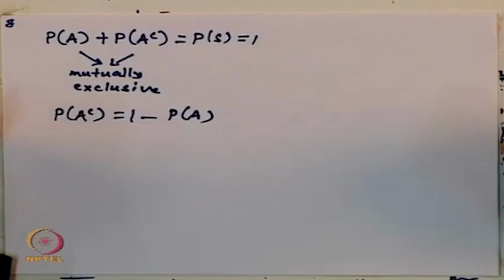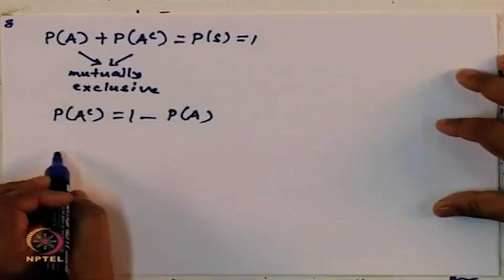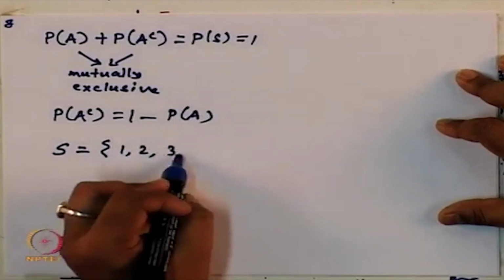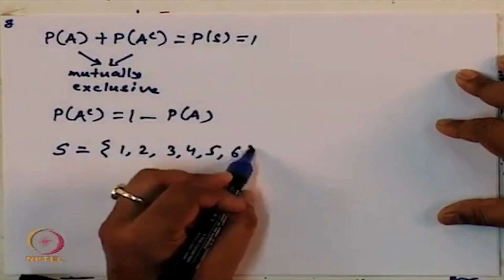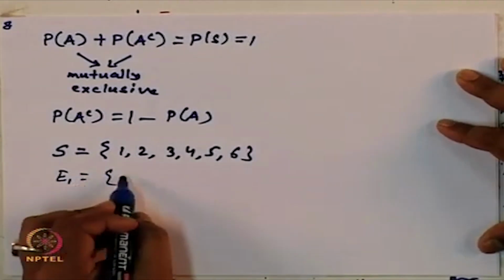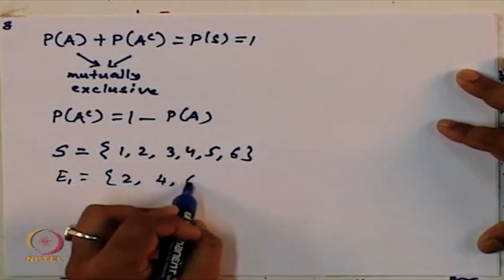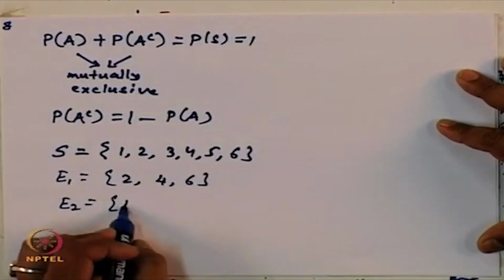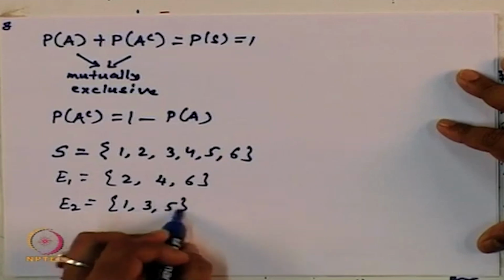Let us take a specific example, the rolling of a dice. My sample space is 1, 2, 3, 4, 5, 6. Let us say my event E1 is the set of all even numbers, so that will have 2, 4, 6. The event E2 is the set of all odd numbers, which is 1, 3, 5.